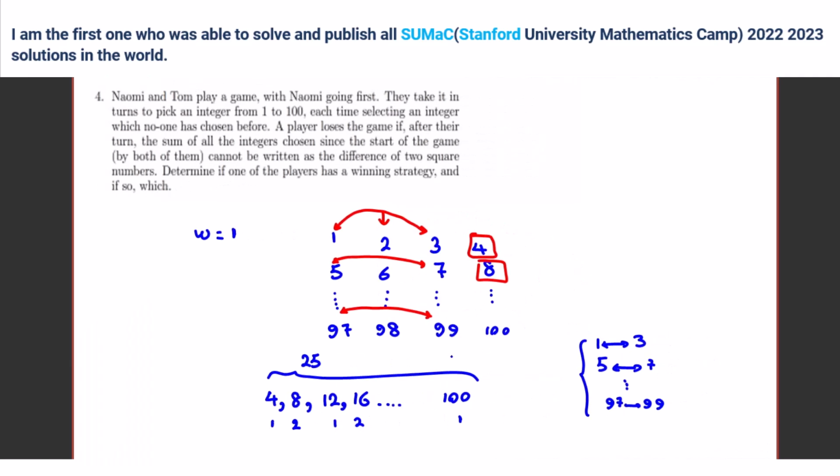Because look, we have from 1 to 100. You can say we have 25 ones from this column, 25 this, 25 this, 25 this, right? Because 100 is a multiple of 4. So we have 25 pairs, right? Okay, so let's see what happens. I want to play with you in a way to see whether you can win or not. So you select 4 first, right?